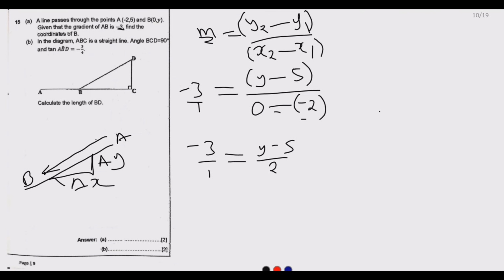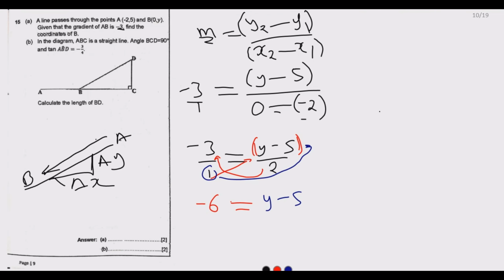At this point we can cross multiply, this one multiplied by this one, then this one multiplied by this one. We are multiplying by 1, so nothing changes. So it will be 2 times -3, which is -6, equals y minus 5, because 1 times the whole thing doesn't change anything.